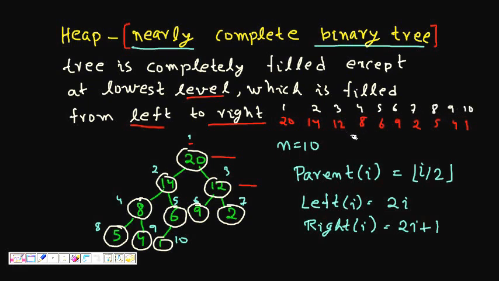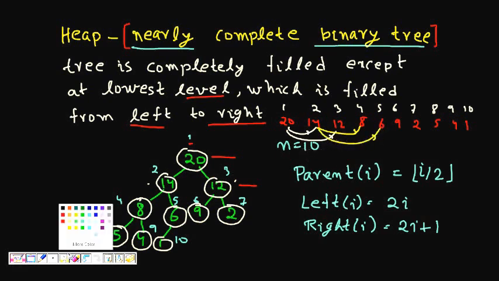If we look at this, this is the parent, this is its left child, this is the right child. For node 1, its left child is this and its right child is 12. Similarly for node 2, the left child is node 8 and the right child is node 6.